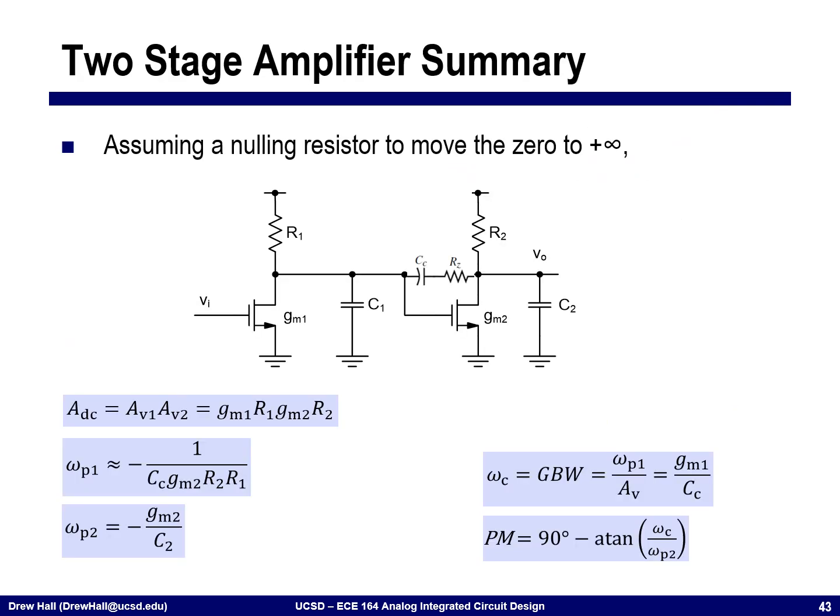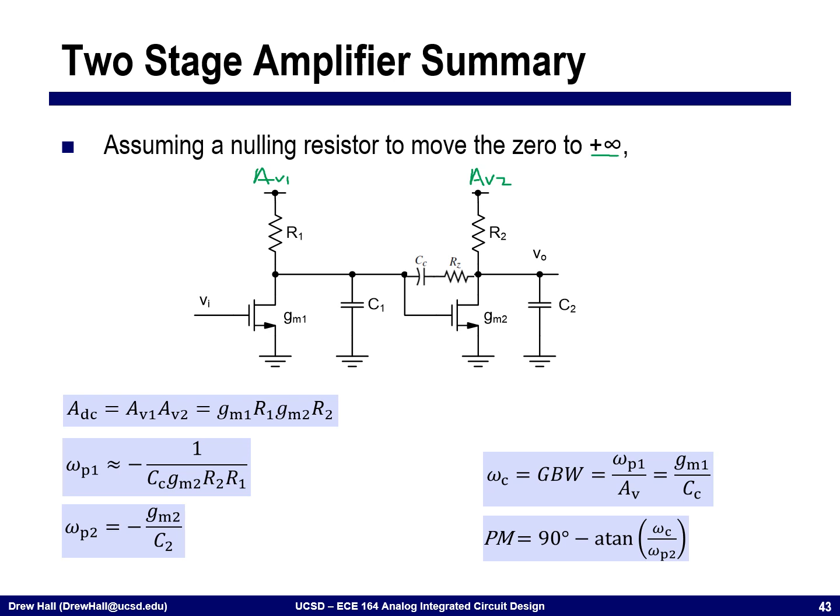All right, so to quickly summarize, if I have a two-stage amplifier and I make the assumption that I'm using a nulling resistor to move the 0 to positive infinity, I could write that the overall gain is the product of the gain from the first stage, AV1, times the gain from the second stage, AV2, which is GM1R1 times GM2R2.